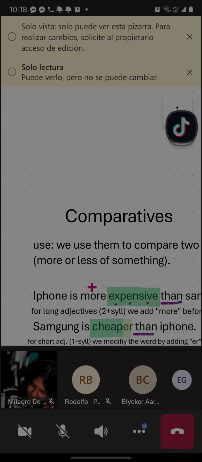I am saying happier because for 2-syllable adjectives that end with the letter Y, we eliminate Y and add IER. Only for this type of adjectives.